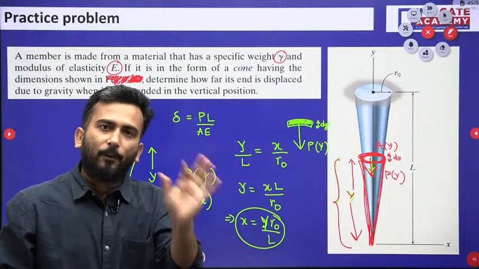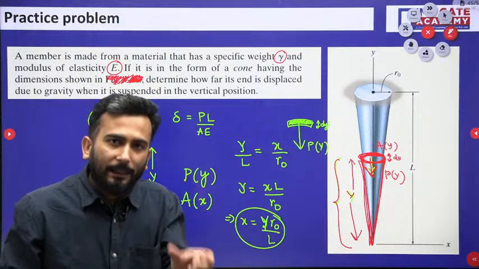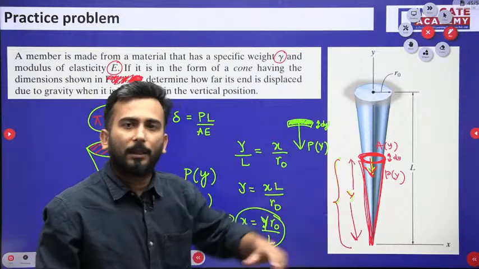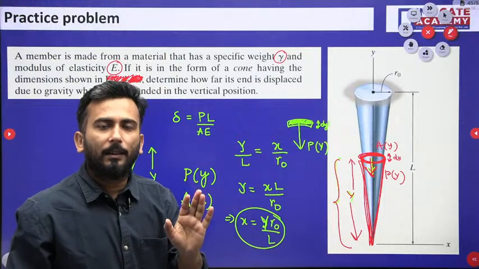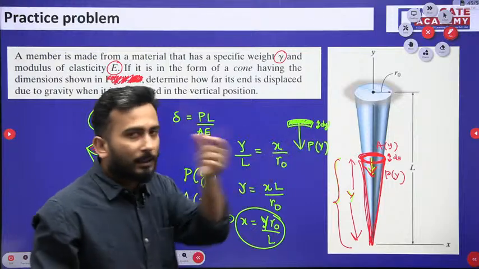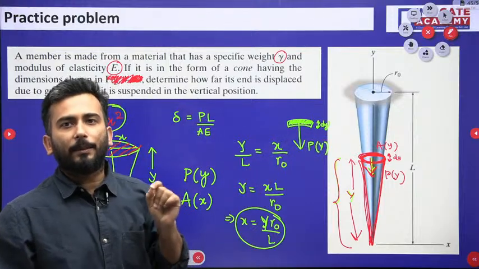So specific weight you know, and if you find the volume of this cone, I can multiply with the specific weight and get the load. Load on what? Load on this small section that I have taken.